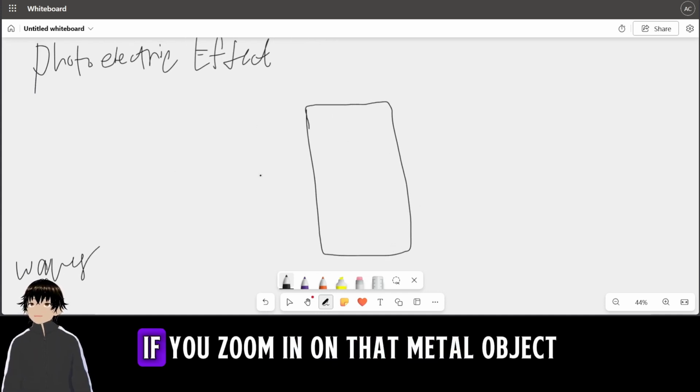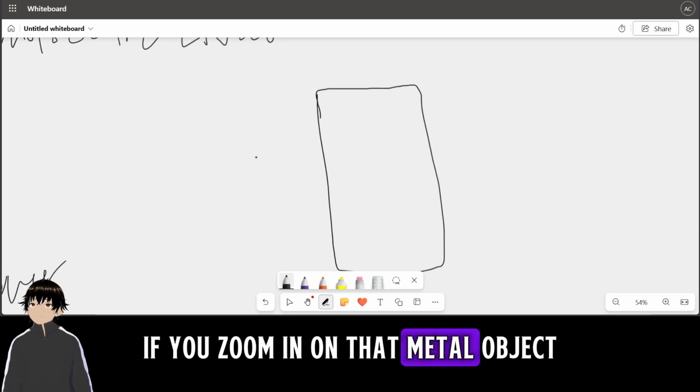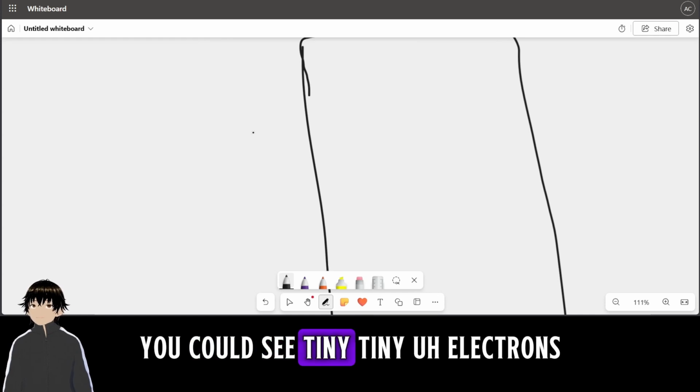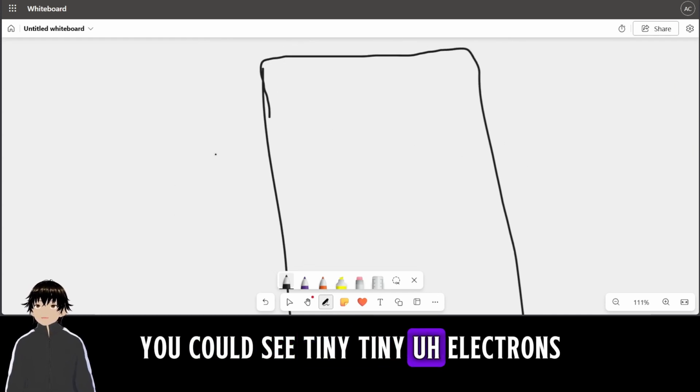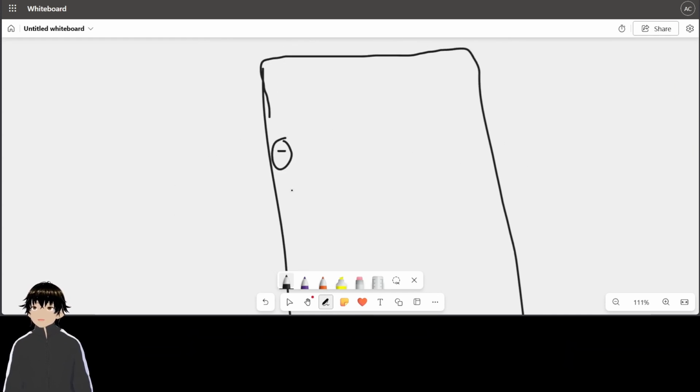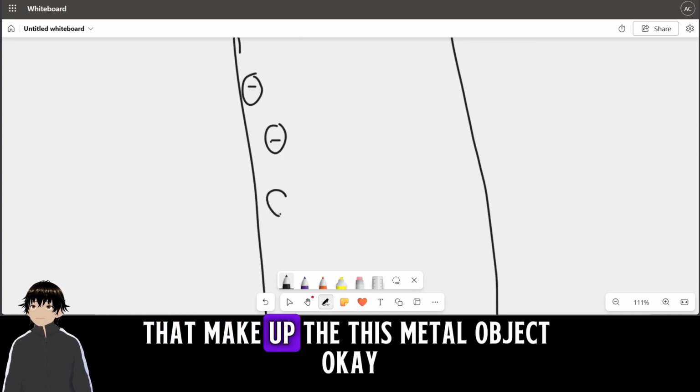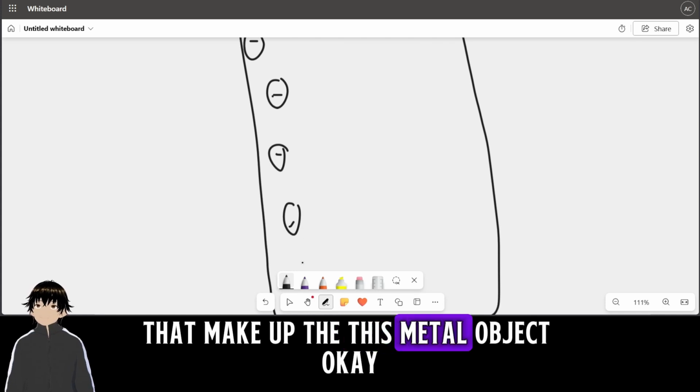Inside that, if you zoom in on that metal object, you could see tiny, tiny electrons that make up this metal object.